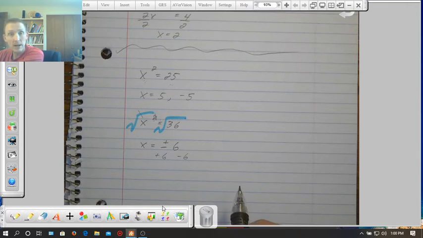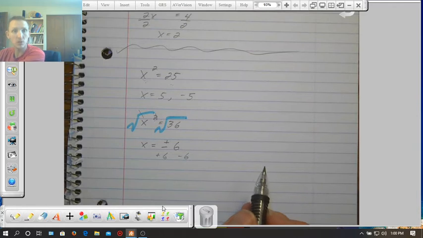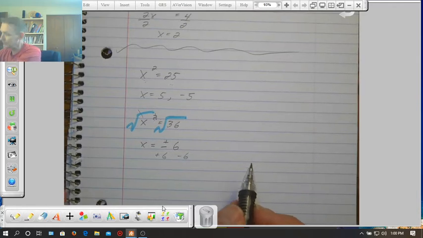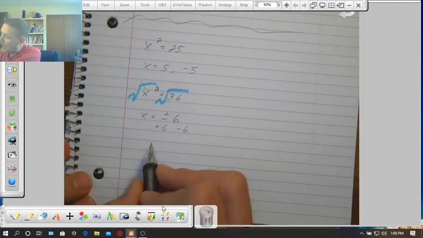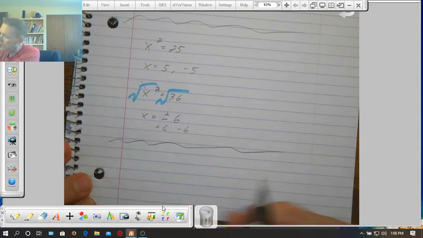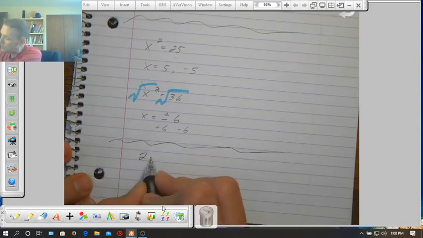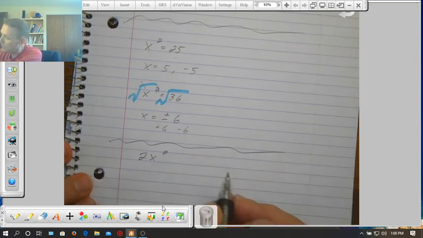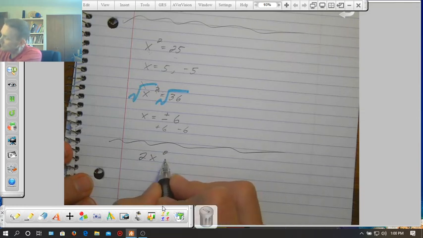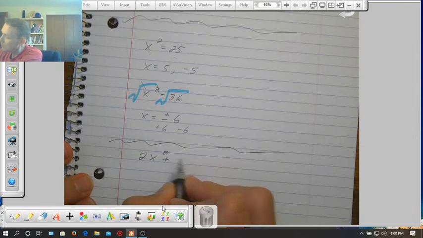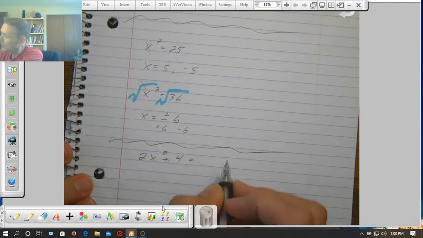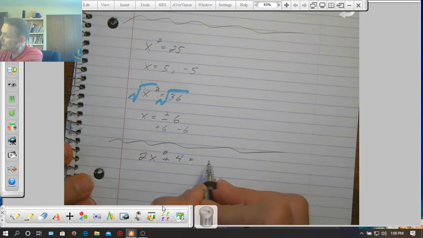Okay? Now, let's go and take a look at what will be the most challenging problem in this section. I can have an equation that says 2x squared plus 4 equals 22.